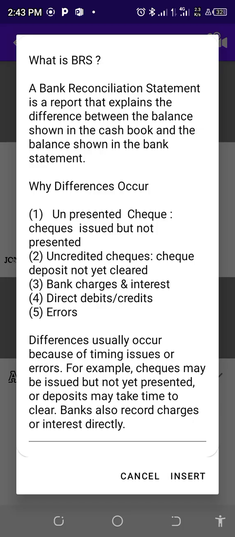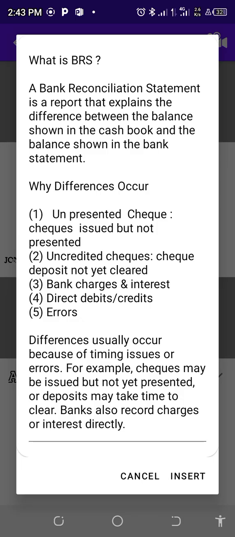Then the fourth one is direct debit and direct credit. While the last one is error. That is the last one, number 5, errors.